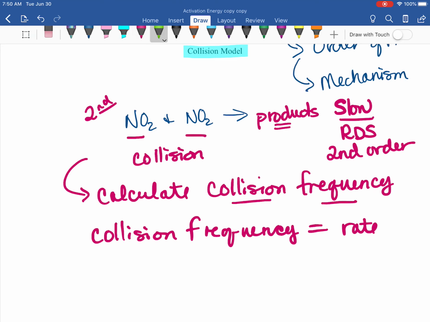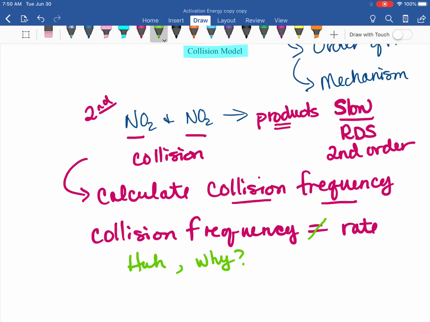It turns out in those initial experiments that collision frequency does not actually equal your rate. This was studied by someone called Arrhenius, which we're going to see in Unit 4. Arrhenius is also the original definition of acids and bases. So we've got to figure out what else is happening there. Why aren't they equal?